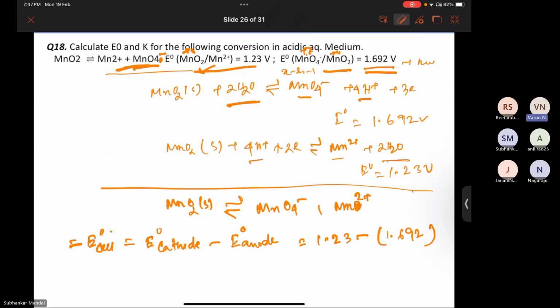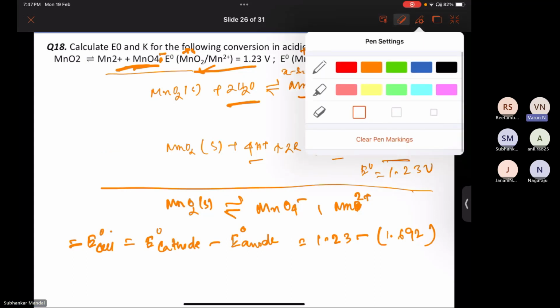The first one is cathode, the second one is anode.